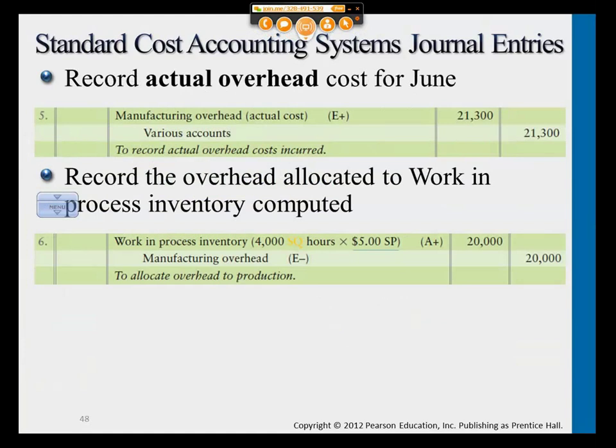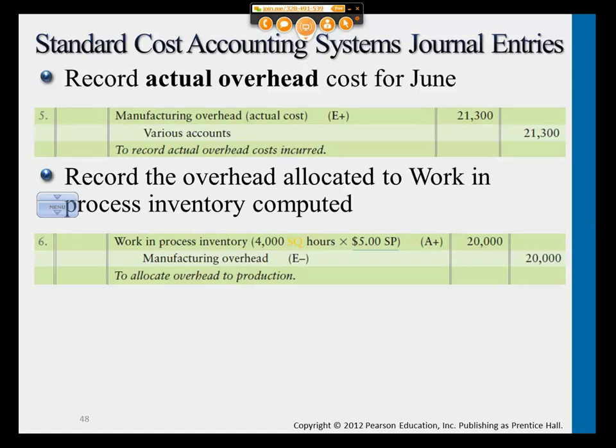So record actual overhead cost for June. No, we're not done. Manufacturing. So we record actual overhead cost. So what is it here? Entry 5. We know that 9,000, we've just calculated that 9,000 actual variable overhead plus 12,300 are giving us this manufacturing overhead at actual cost of 21,300.